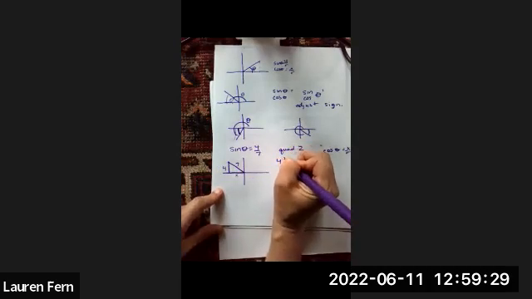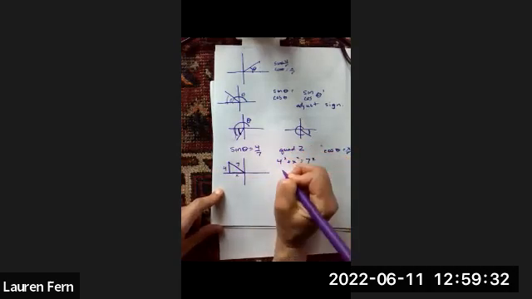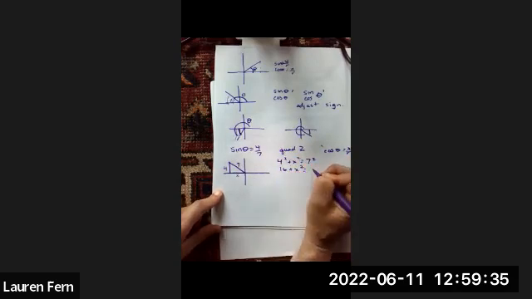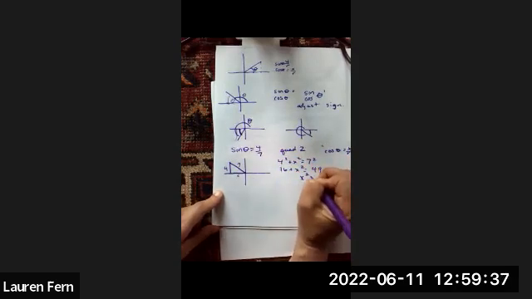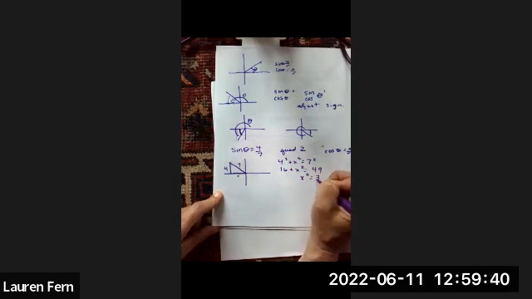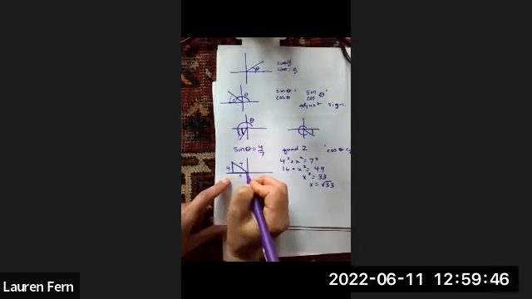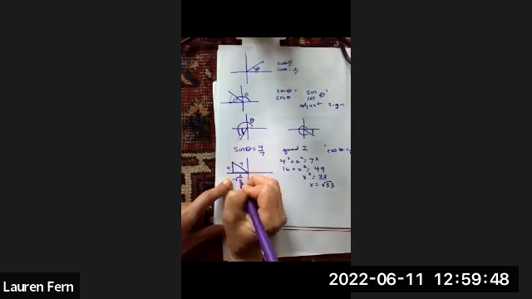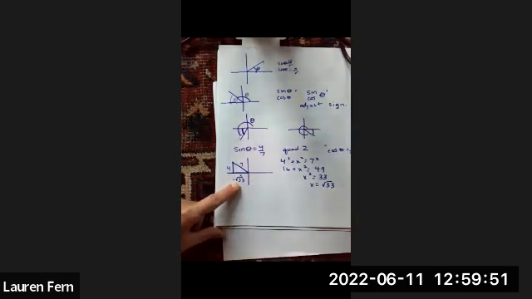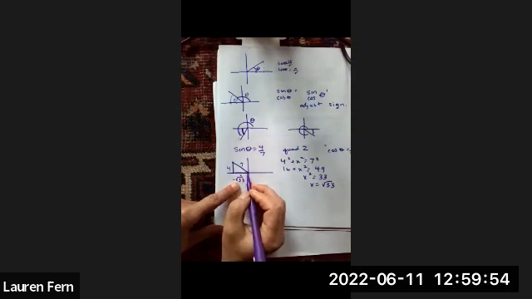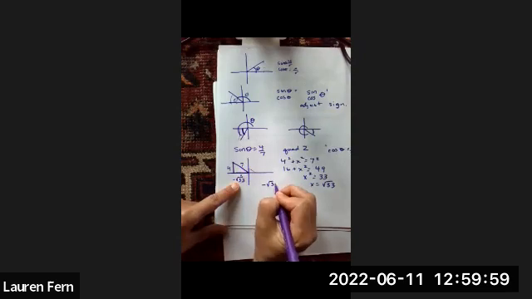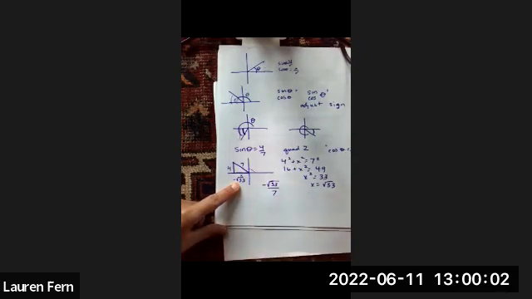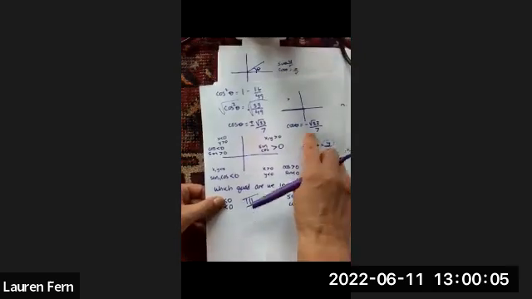I can say that 4 squared plus x squared is 7 squared. So 16 plus x squared is 49. Solve for x squared, you get 33. So we get the square root of 33. Notice I'm in my second quadrant, so this is negative. And if I now want to find the cosine of this, it's x/r, negative square root of 33/7, which I claim is exactly what we got there.